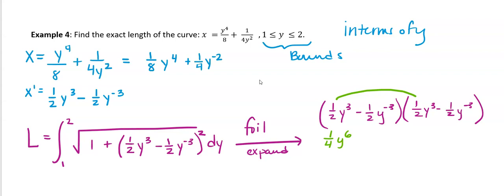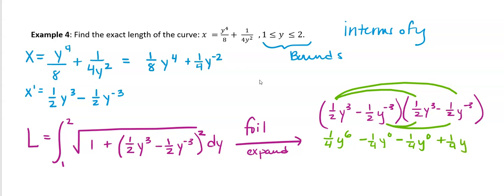Then we'll do the outer terms. This would give me negative 1/4 y to the 0 power. Then we can do the inner terms. So negative 1/4 y to the 0 power again. And then our last term, which would be positive 1/4 y to the negative 6th. Then I'm going to simplify.